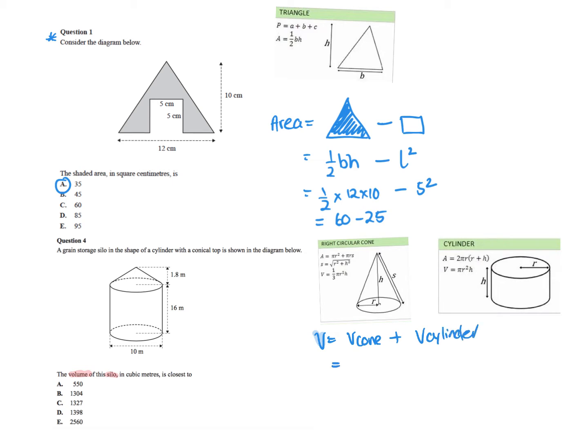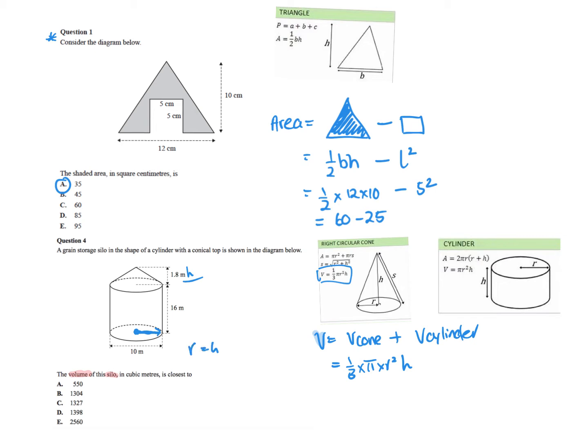Okay, so the cone's volume is there, where you go 1/3 times pi times the radius squared times the height. So that's the height of the cone. And the radius is going to be, what's the radius? The radius will be the same for both of them. It's when you go from the center out to the edge. What's the radius in this example?